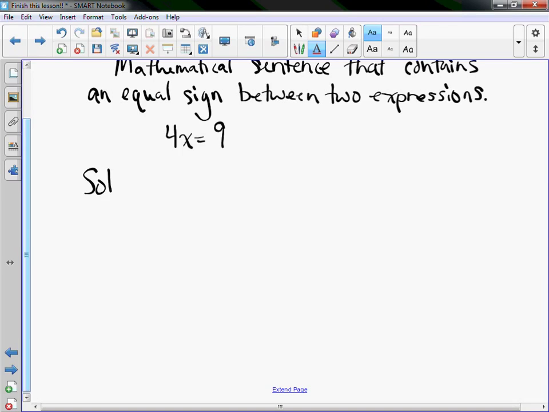Solution to an equation is a number that makes the equation true.